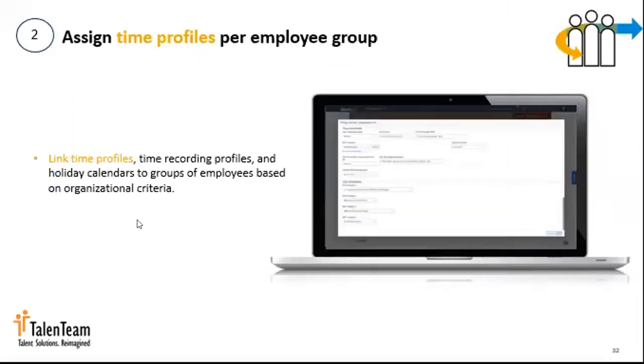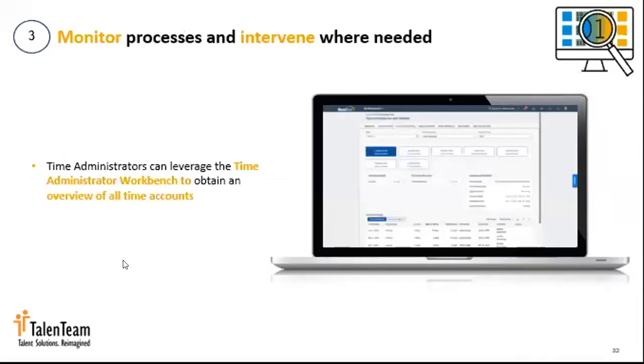Assign the time profile to the employee group. You can assign this time profile to an employee group, based on the time profile you assign to an employee in the job information. Based on the time profile, the employee will see the leave types they're eligible for, and they'll be able to apply for leaves.